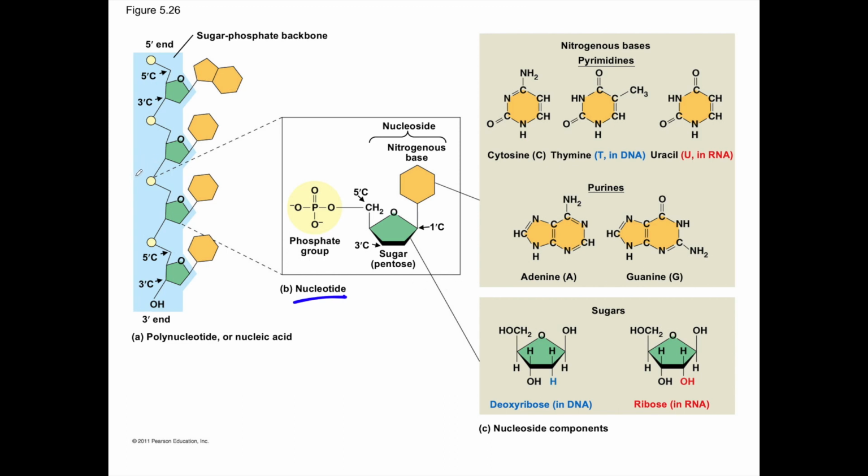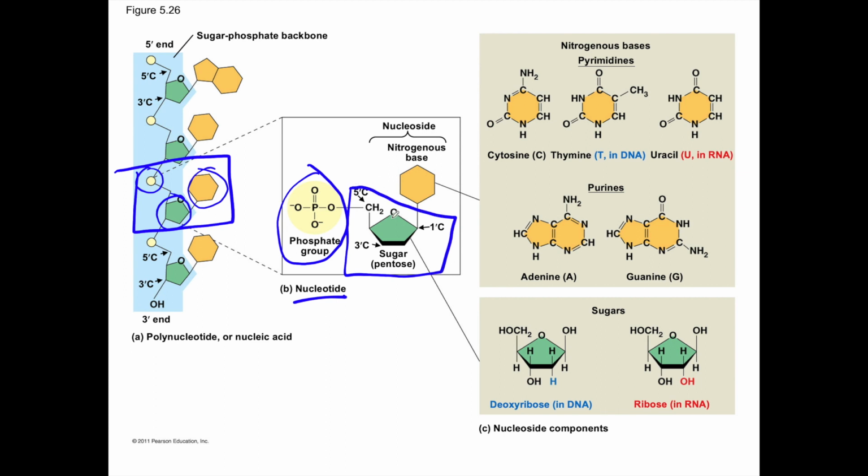And each nucleotide, like if you look at this nucleotide here, it's made out of three things. So this, and this. So it's made out of a phosphate group, which is just a phosphate group, nothing special to learn about it. It's made out of a 5-carbon sugar, which we actually already learned about back in the carbohydrates section.